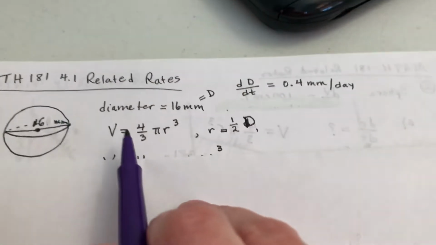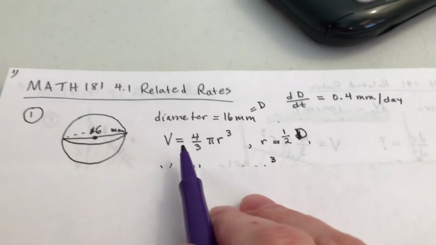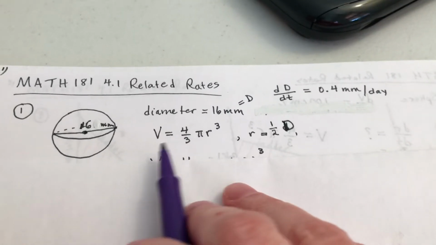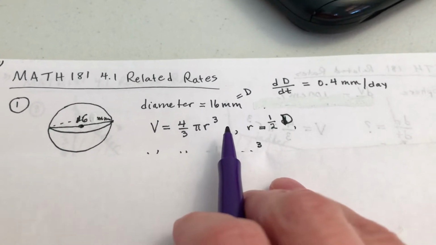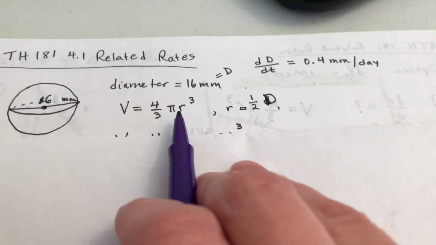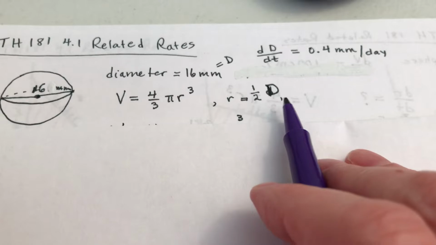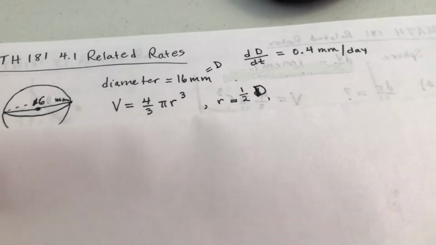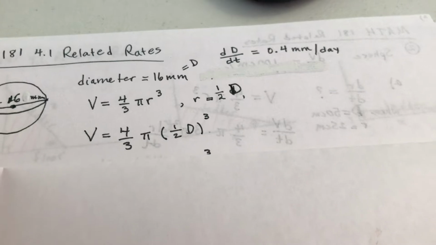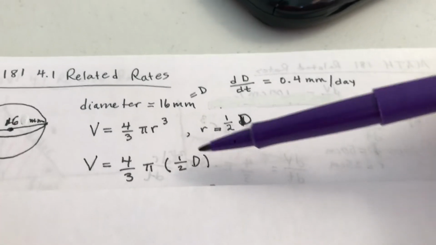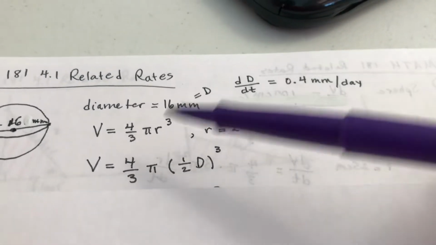The relationship I know is between volume and radius: volume is equal to 4/3 pi r cubed. I want to change this so it's in terms of diameter, and I know that the radius is half the diameter. So I'm rewriting this volume equation by substituting in 1/2 d for r and cubing it.